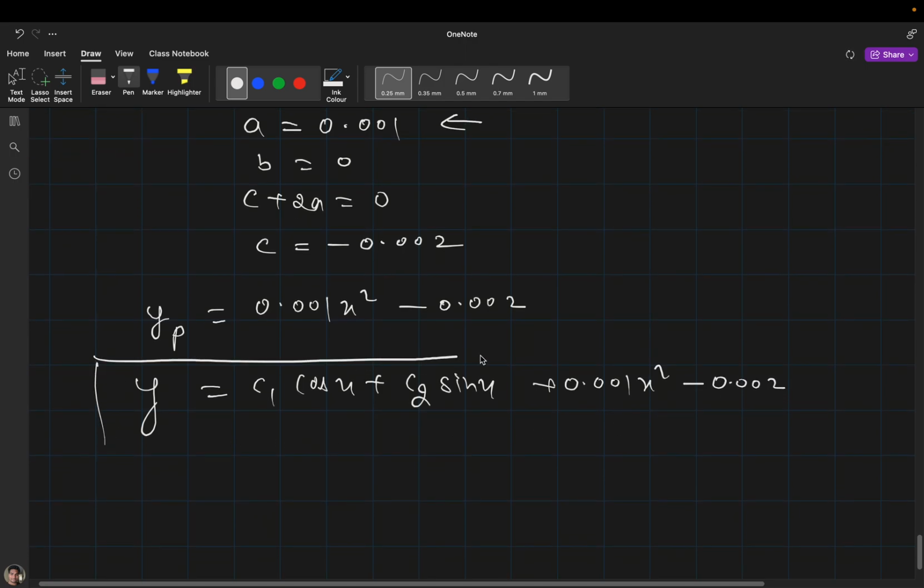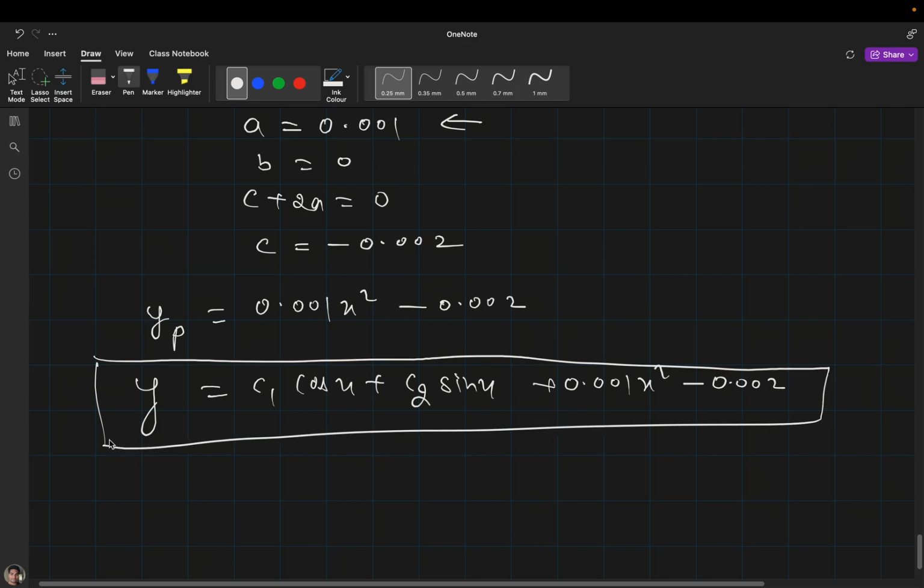This is the general solution of this differential equation. Are you getting it? This is the method of undetermined coefficients. Any doubt? Okay. Let's take one more example.